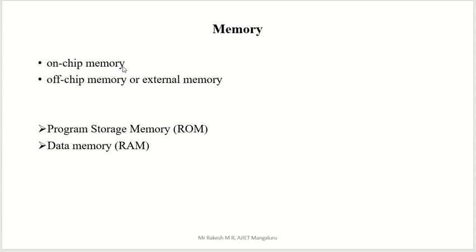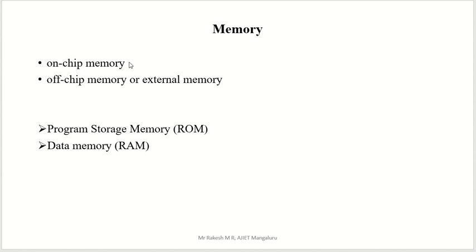Internal memory means memory in the embedded device. An embedded device is a combination of software and hardware that contains many small components. If that memory is there inside that kit or embedded device, that is called internal memory.